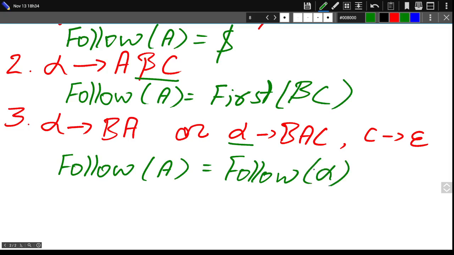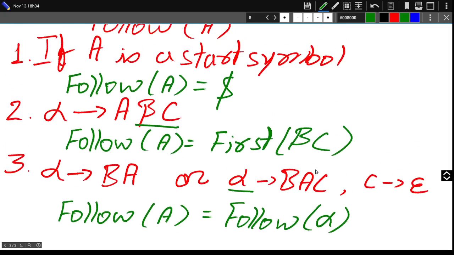So these are the three simple rules for your follow function. If alpha is a start symbol, then follow of this symbol will be dollar. If alpha derives A beta C, meaning A is somewhere in the right hand side where you can find something after A, then follow of A will be first of this part.